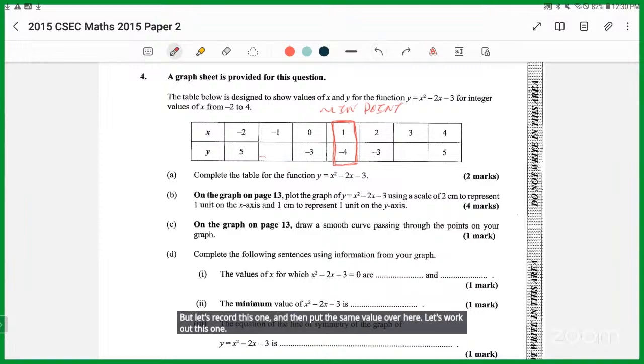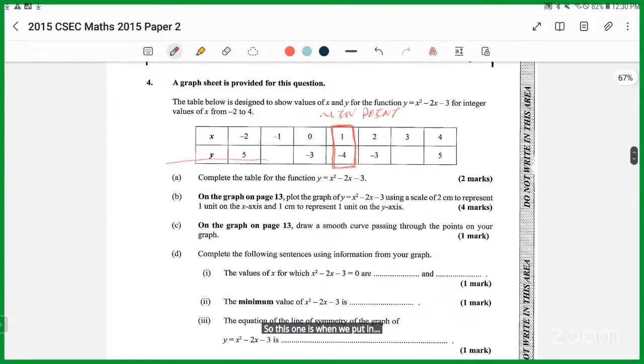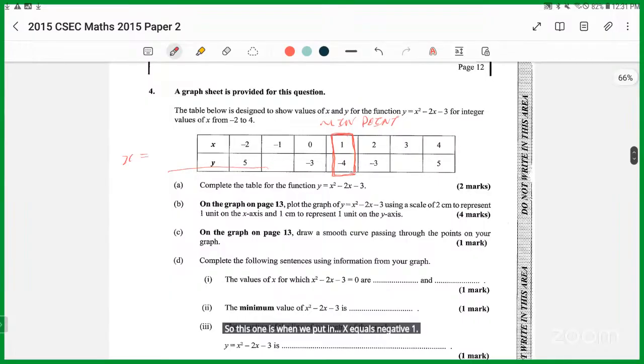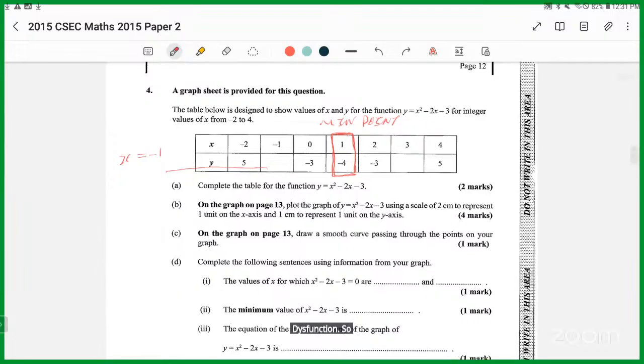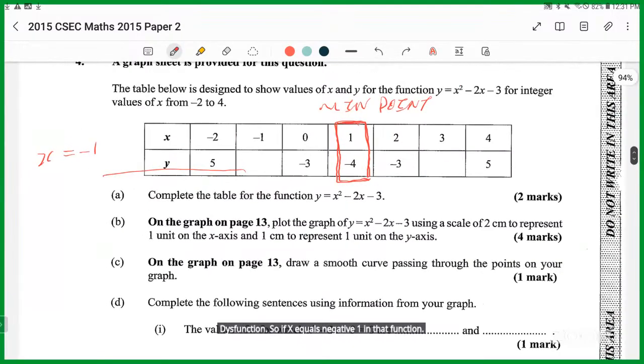This one is when we put x equals negative 1 in this function. Then y is going to be negative 1 squared, minus 2 times negative 1, and then minus 3.